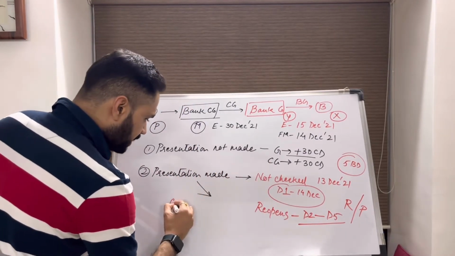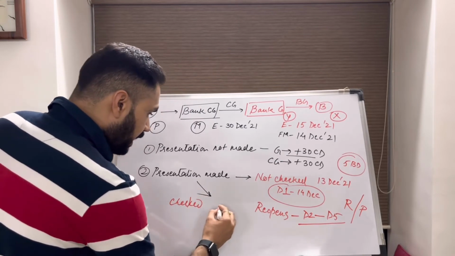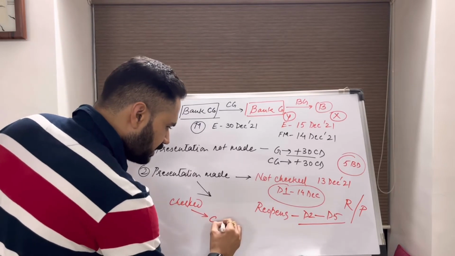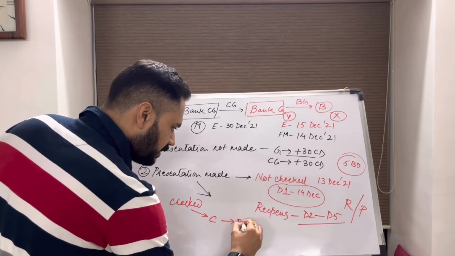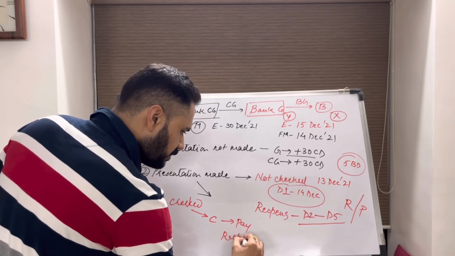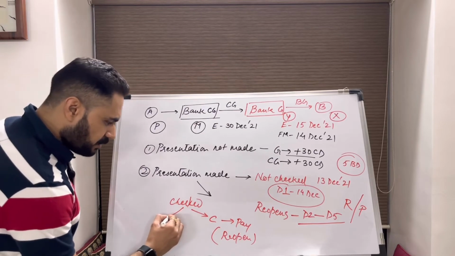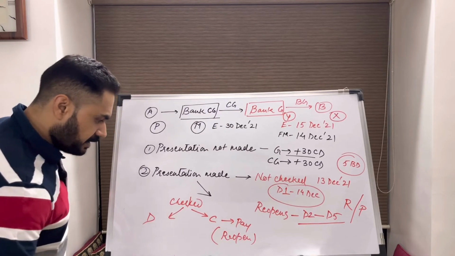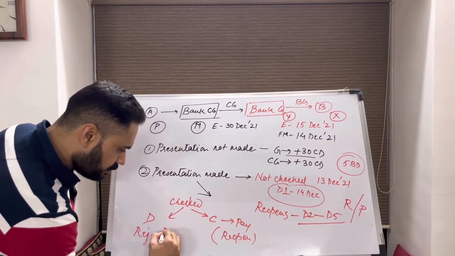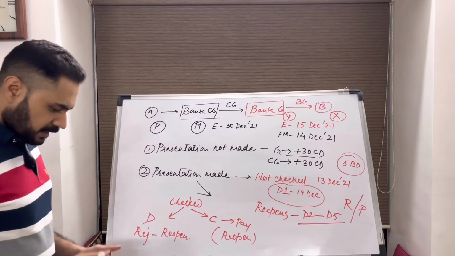Second case, presentation is made and it is checked, and it is found to be compliant. Then you will pay whenever you reopen. If it's checked and it is found to be discrepant, then you will reject whenever you reopen.